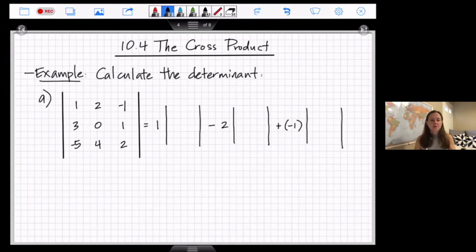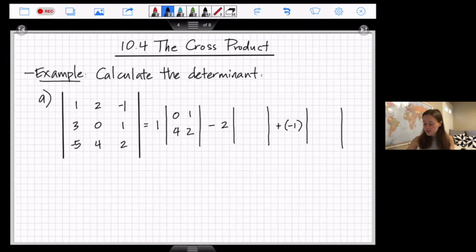Okay, so again, the little matrices that we're going to get there, we get by crossing out the row and the column that belong to the coefficient. So my first one, 1, I'm going to cross out the row and the column. That's going to leave me with 0, 1, 4, 2. All right, same thing.